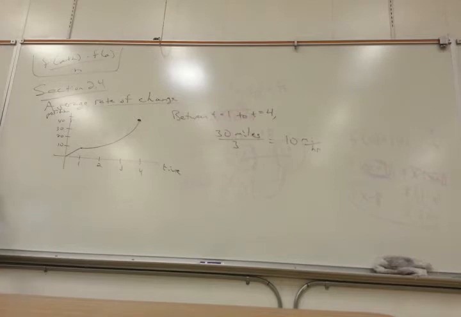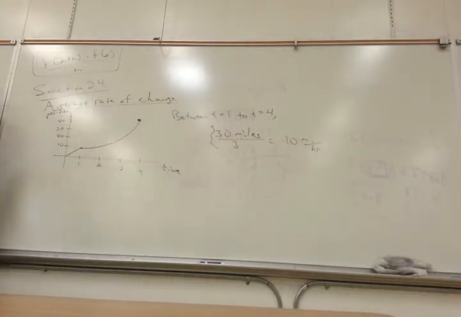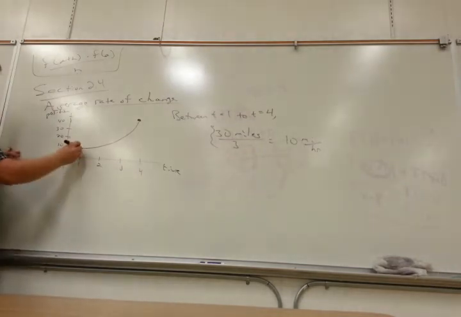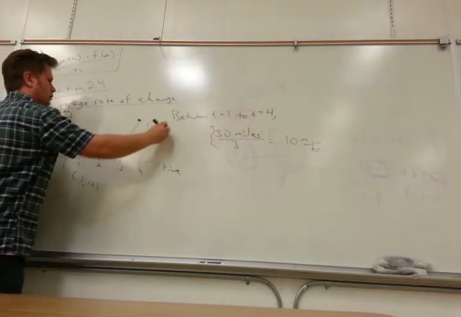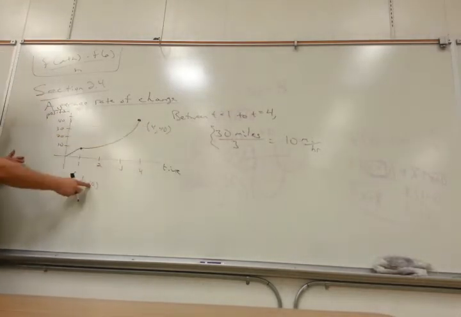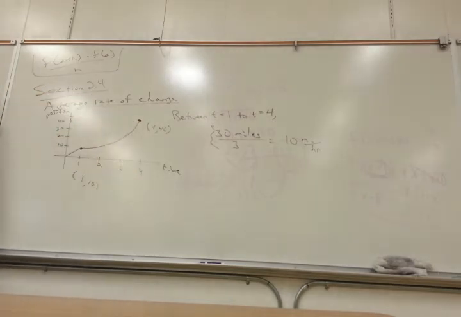So what's my average speed right now? But when I look at it, what did I really just do? What does this represent graphically? Slope. It's the slope between this point and this point. We did 40 minus 10, 30, the rise, divided by 4 minus 1, 3, the run.